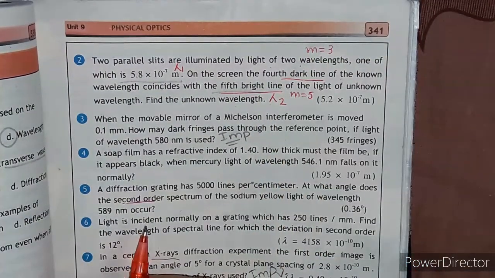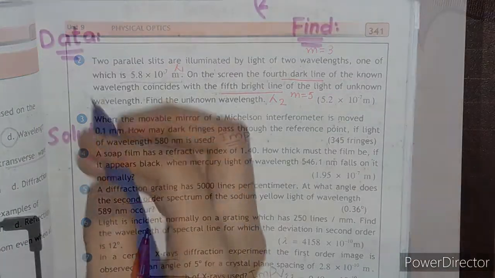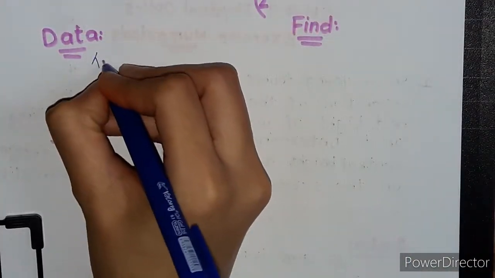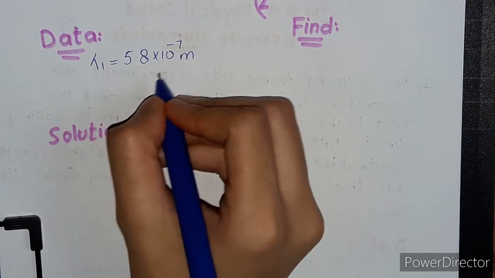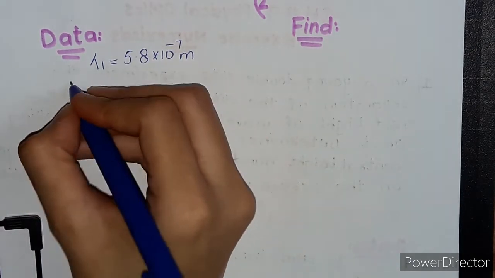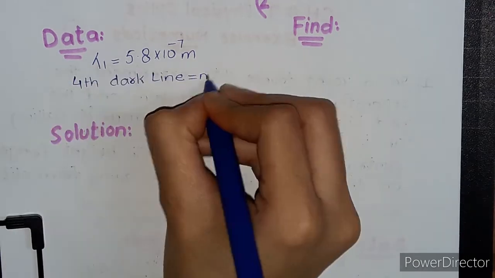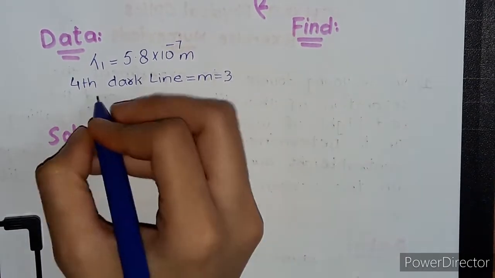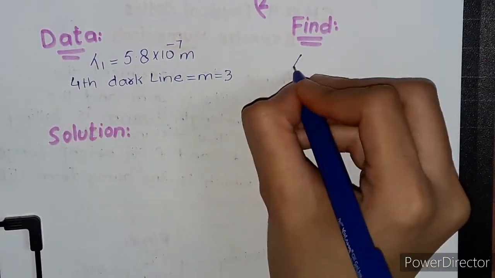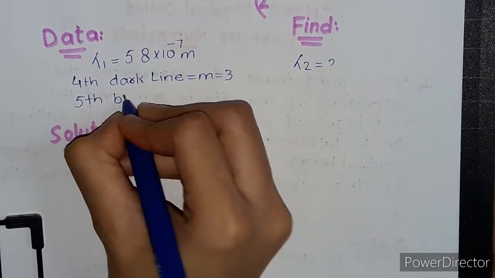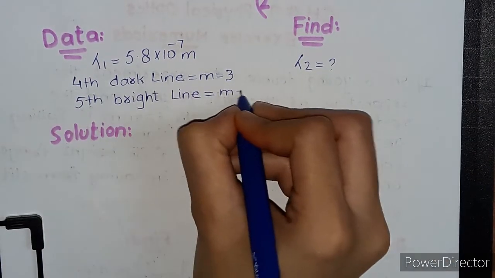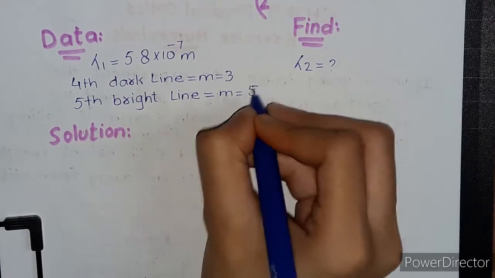Now moving towards the data and solution. First we are given the lambda 1 value, which is 5.8 × 10^-7 meter. Then for the fourth dark line, m is 3. Then we have to find the lambda 2 value, for the fifth bright line, m is equal to 5.